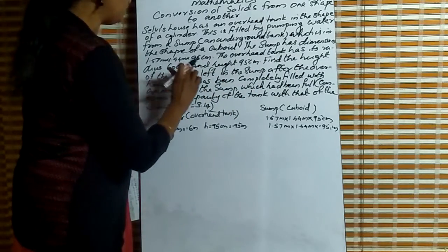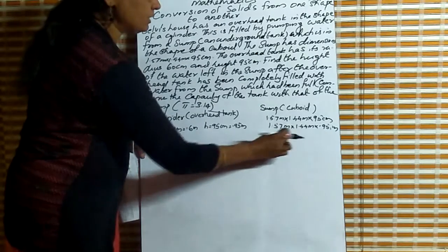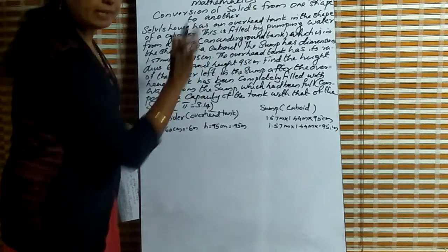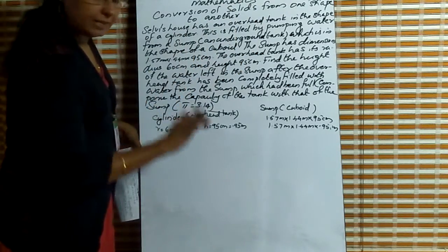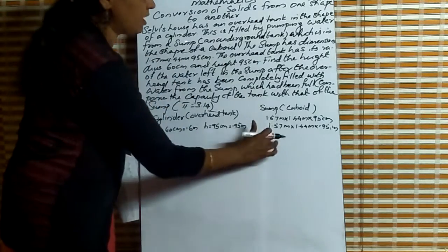Find the height of the water left in the sump. Here some water is left in the sump. After filling this overhead tank, some water is remaining in the sump. We have to find the height of that water.